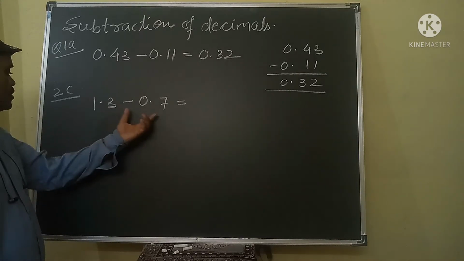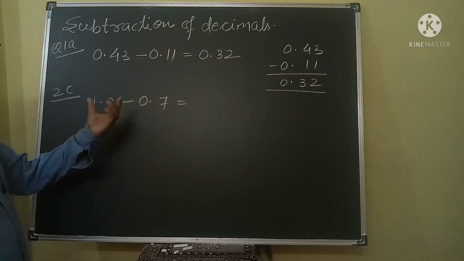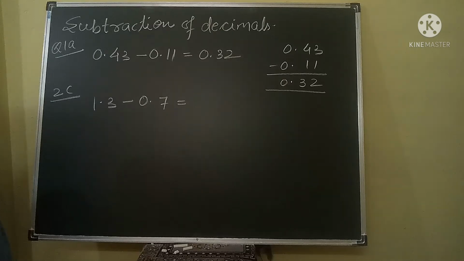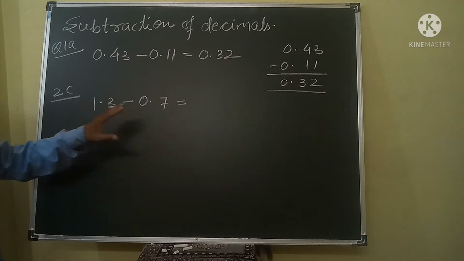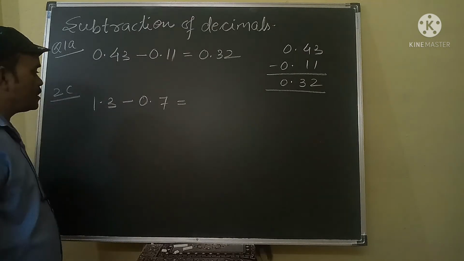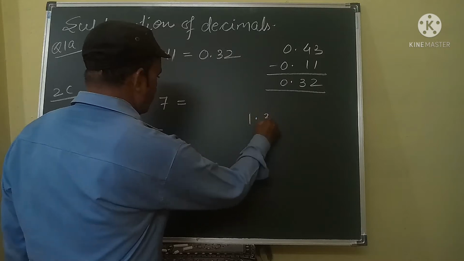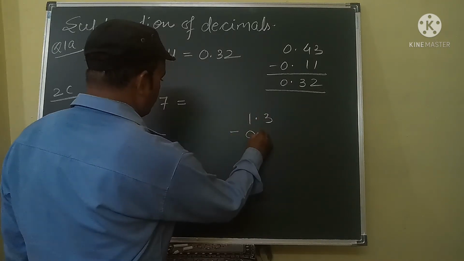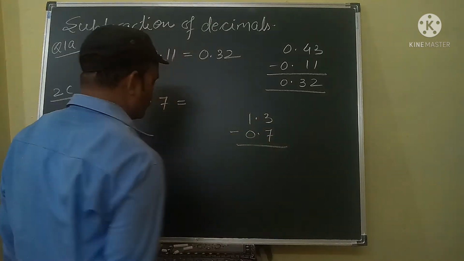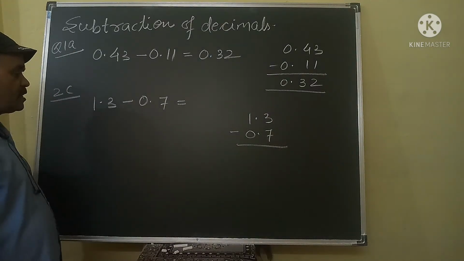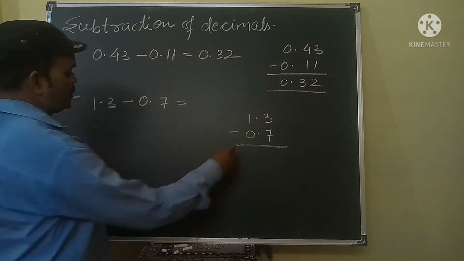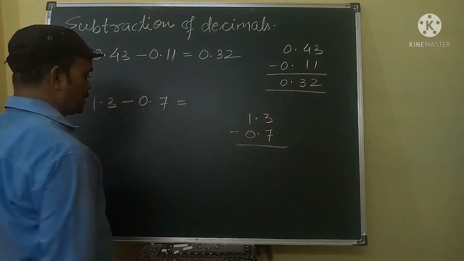So these two decimal numbers belong to like decimals. Then we will subtract these two decimal numbers. Now look here. This is 1.3 minus 0.7.